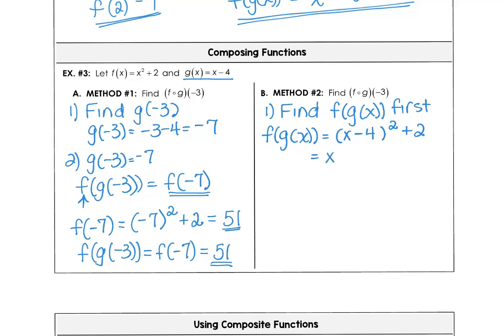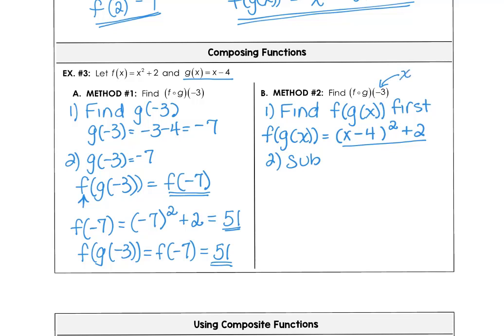Expanding that binomial is x squared minus 8x plus 16 plus 2 more. But you see how this is more complicated. So I'm happy to stop at the previous step. That just turns it into a simpler problem for substitution. And then from this answer, we'll substitute what we're looking for.